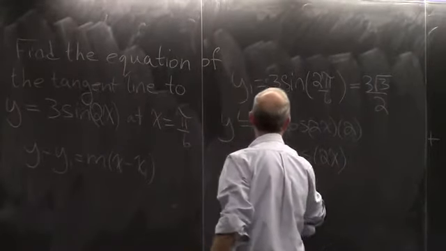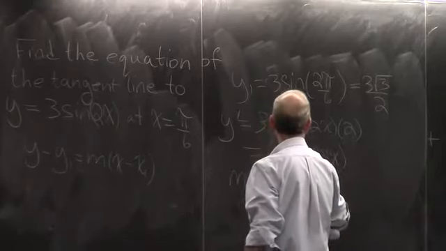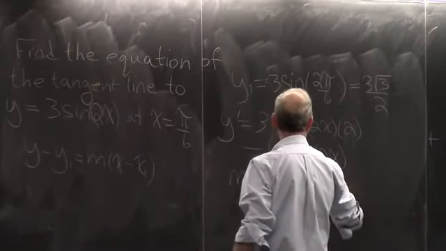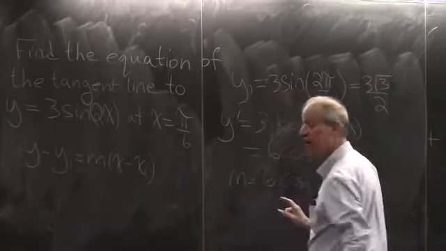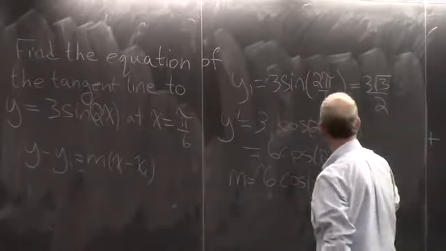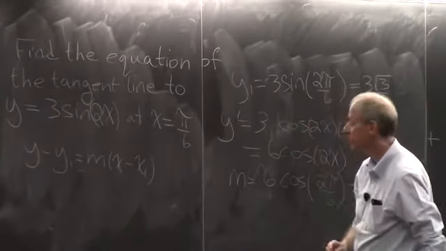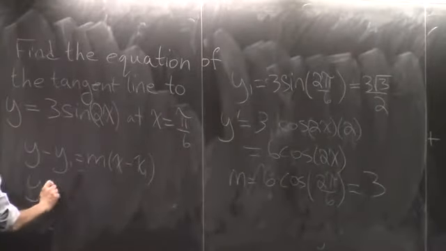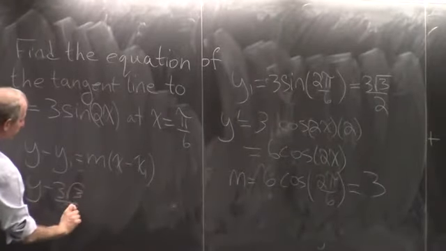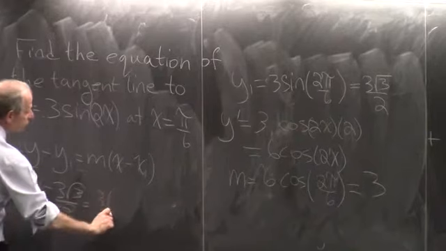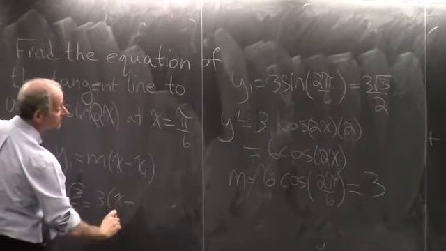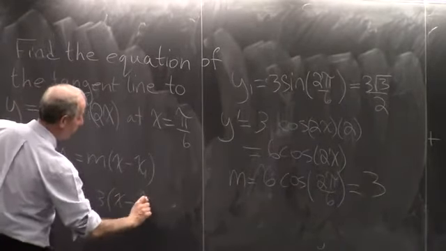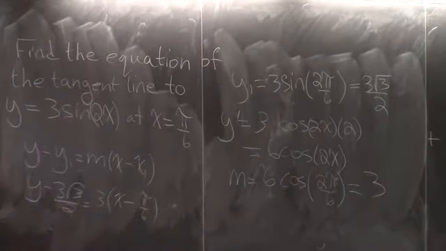So it's 6 cosine 2 pi over 6. Cosine of pi over 3 is half. So this equals 3. So now the equation is y minus 3 radical 3 over 2 equals 3 times x minus pi over 6. Okay?